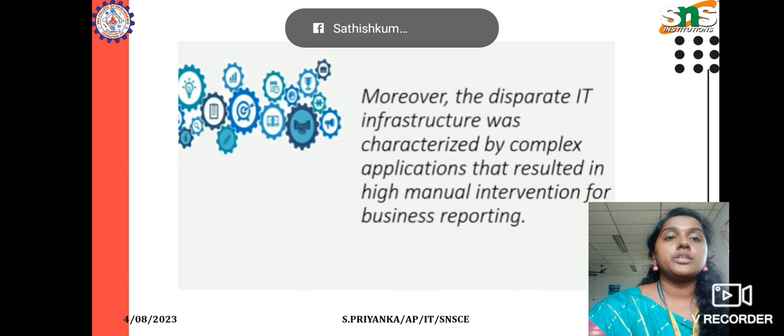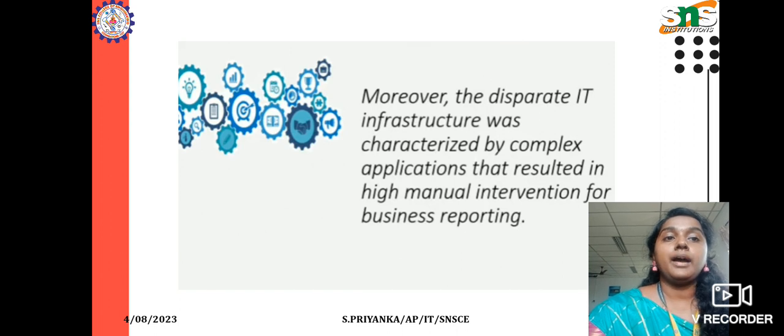Moreover, the disparate IT infrastructure was characterized by complex applications that resulted in high manual intervention for business reporting. It was dependent on manual rather than automatic processes.